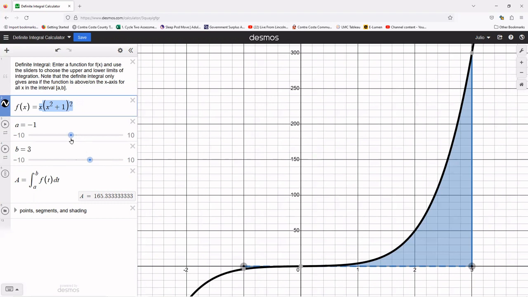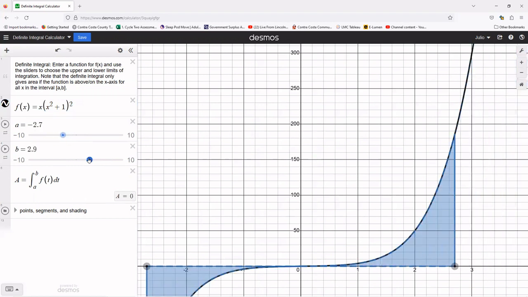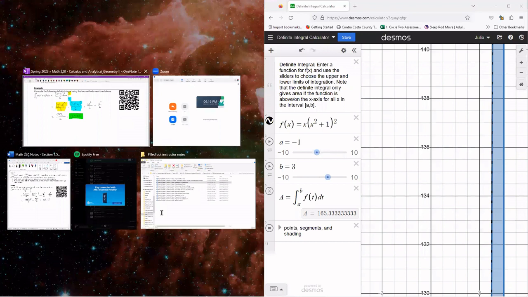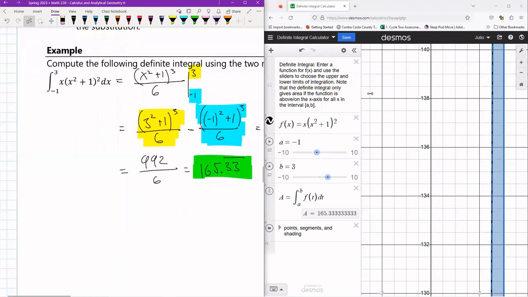In the future, if you want to use this more often, you can move the a value around and you can move the b value around. It'll find the answer for you depending on where you leave the a and the b. We wanted it from -1, so I'm going to move my a to -1, and my b was 3. So I'm going to move that to 3, and I get 165.33, and lo and behold, that is exactly our answer.